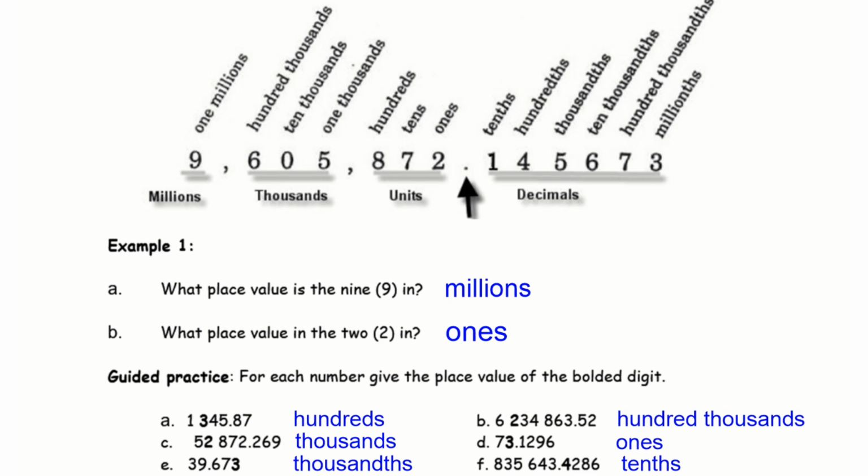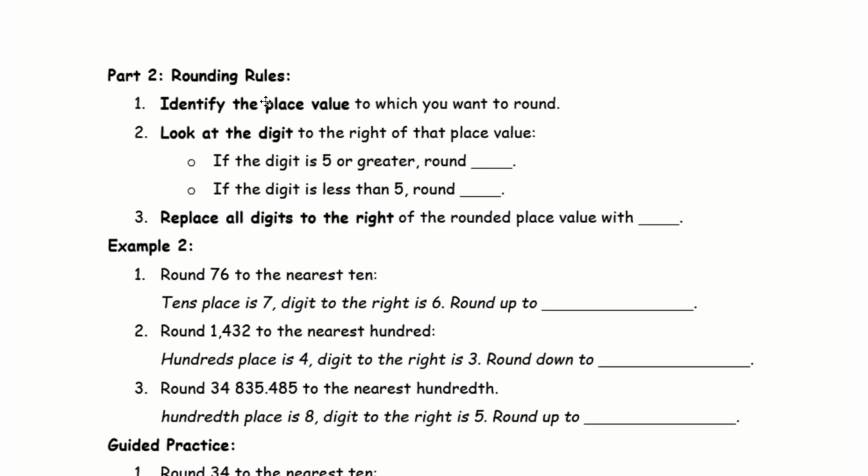Next, we are going to see how to use this for rounding. For the rounding rules, part 2, we need to identify the place value first. Then after that, look at the digit to the right of the place value. If the digit to the right of the place value is 5 or greater, then we round up.